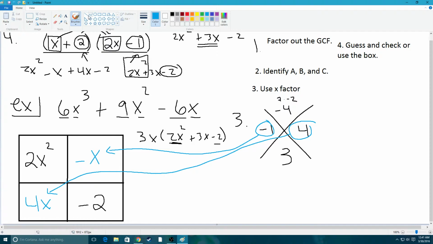Okay. So what I'm going to do here is above this spot, I'm going to write the greatest common factor of 2x squared and 4x. The greatest common factor of 2 and 4 would be 2.